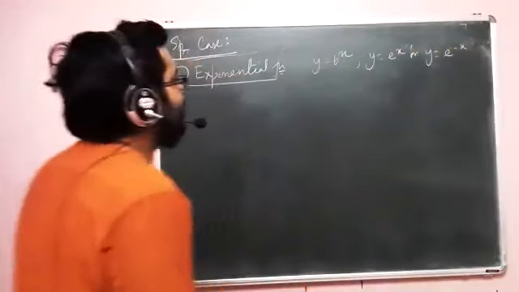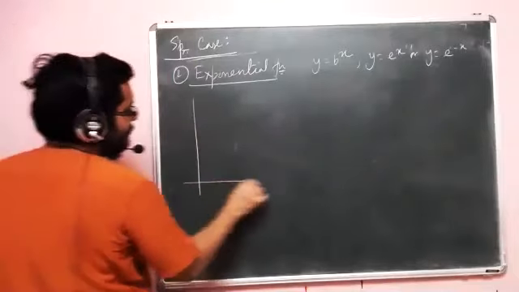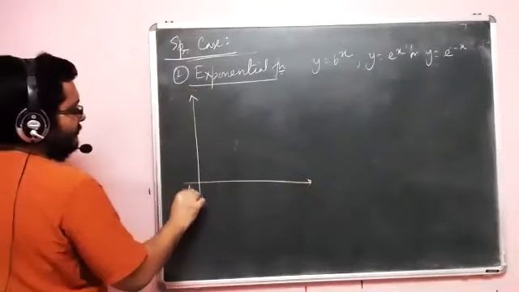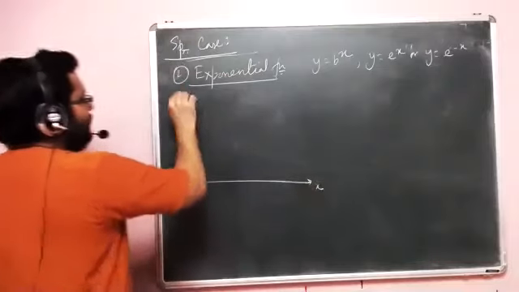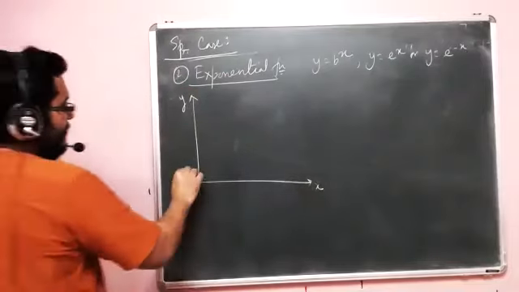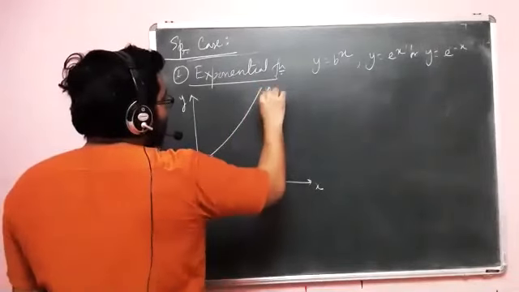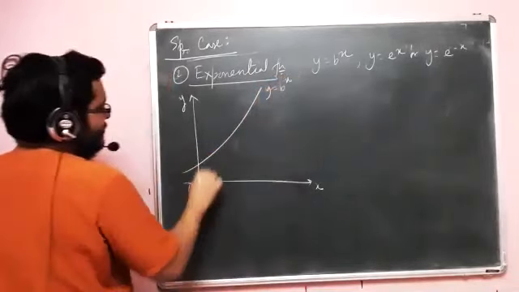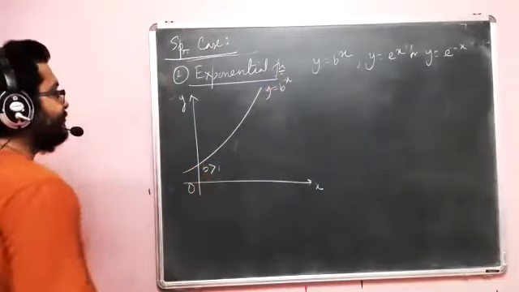Now if we draw this, let us draw the first one. Its shape is basically this. So this is my y equal to b to the power x, where b is greater than 1.